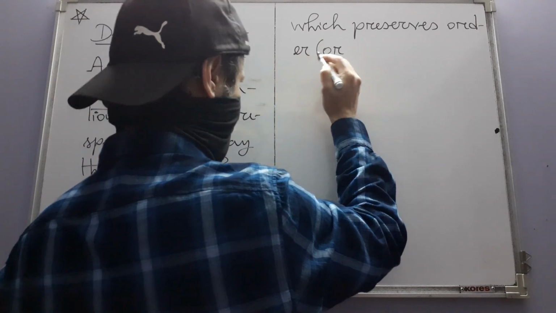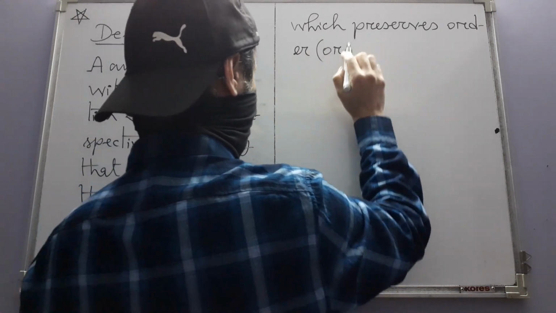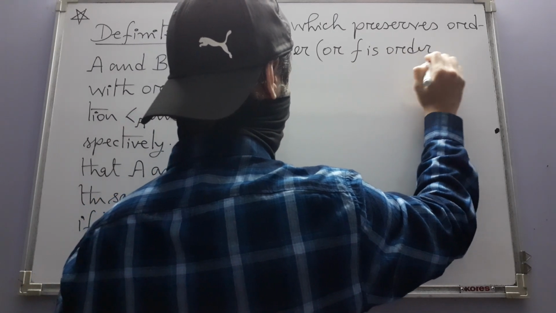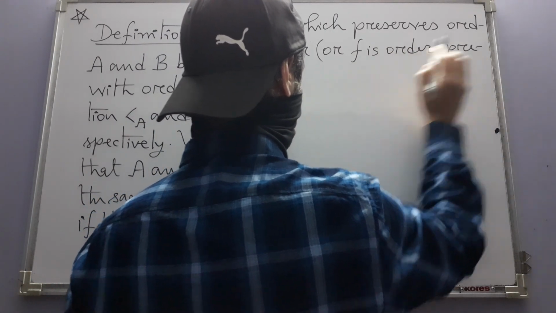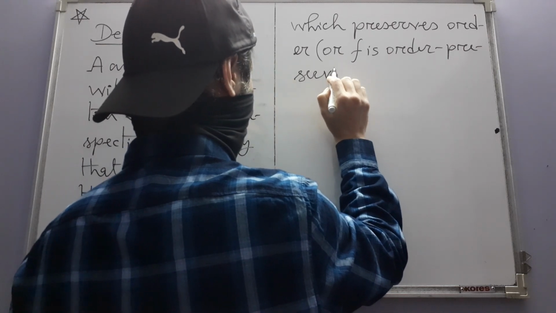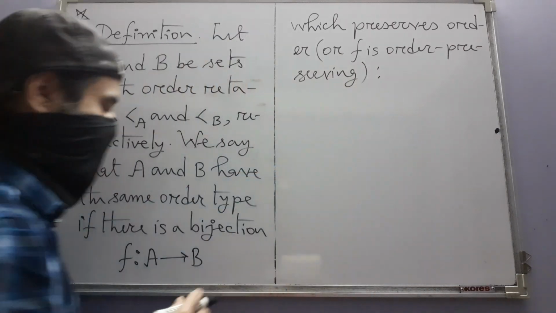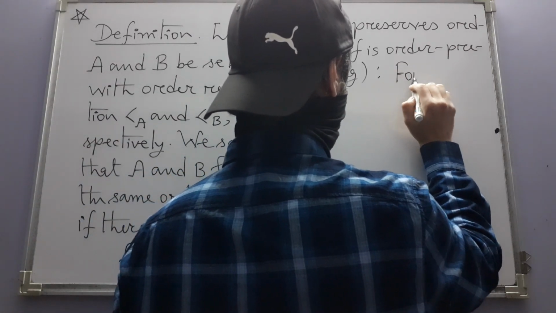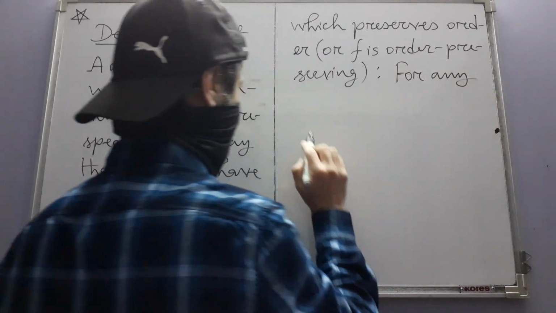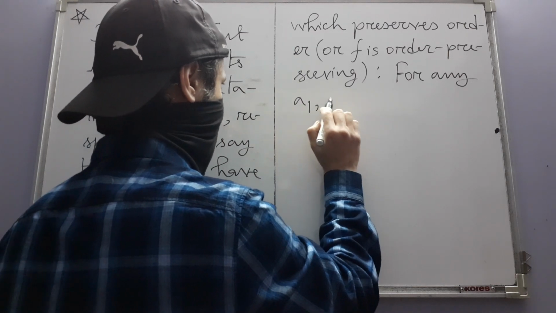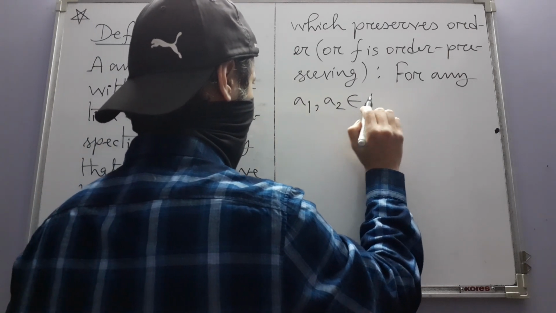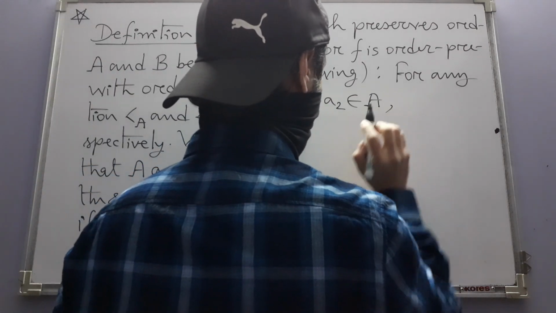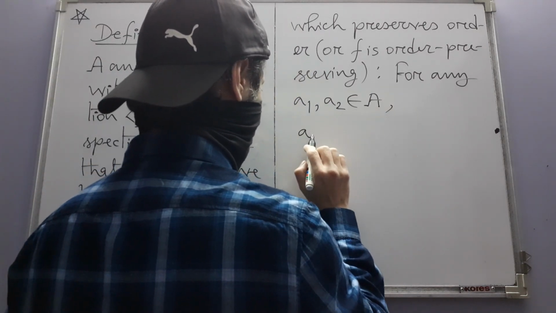Or like this also we can say, f is order preserving, and what that means is this: for any two elements A1 and A2 in the domain ordered set A, this implication is true.